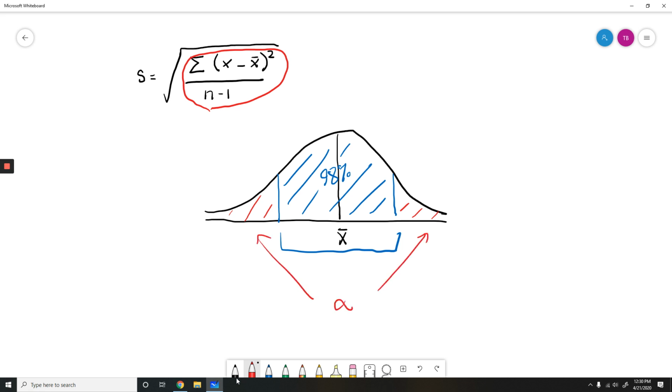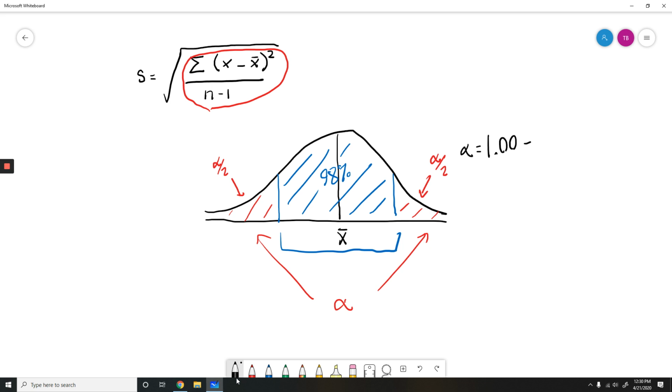And since I have 2 tails, each tail will have half of that. So this tail will have the alpha over 2 area. This tail has alpha over 2 area. Okay? So since we're dealing with a probability distribution, we know the total area is 1.